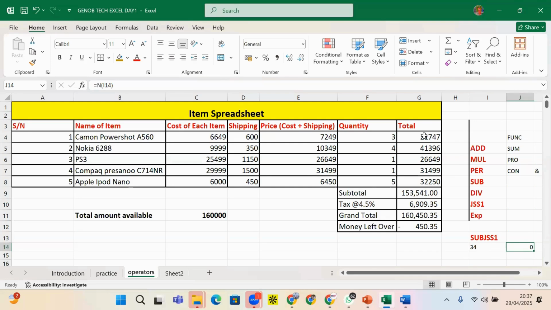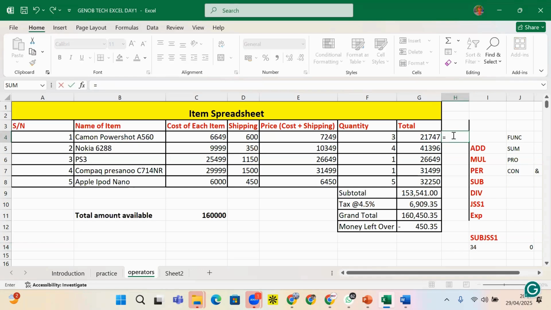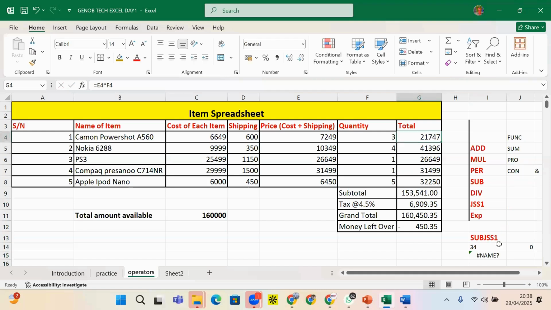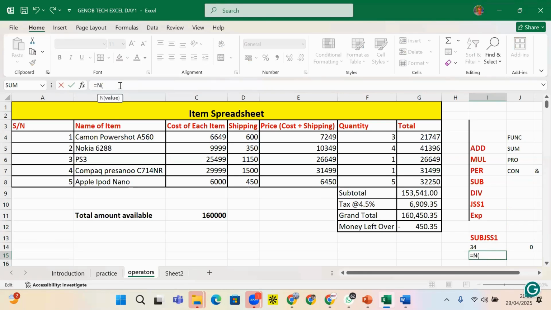So let me check something else, like this very number here. I say equal to N, then I call this, right? Oops, error. Equal to N bracket G4.